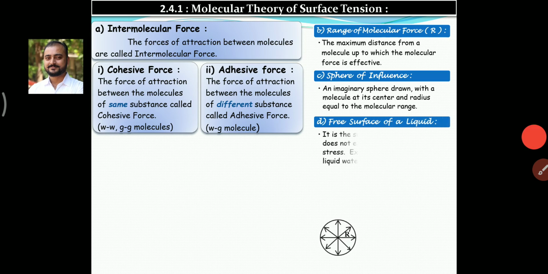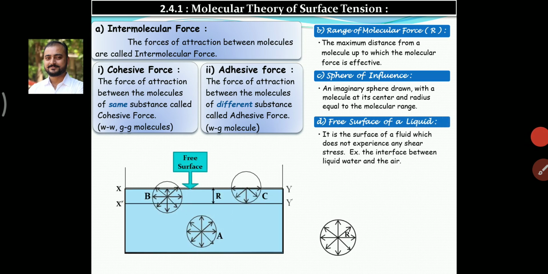Next is the free surface of liquid. It is the surface of a fluid which does not experience any shear stress. As you observe in this diagram, xy is the liquid surface. This surface is called the free surface of liquid because it is a surface of a fluid which does not experience any shear stress.